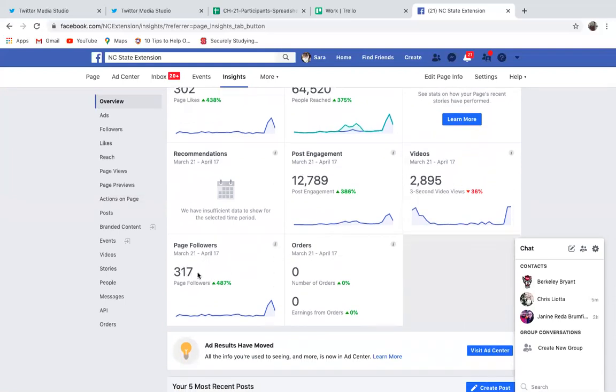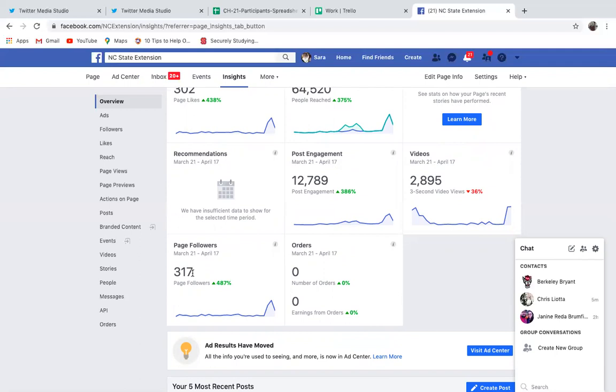And then in terms of page followers, that's also something good to look at to see if you're increasing your followers. So our page followers are up by 317 people, which is a 487% increase from the last period of 28 days.